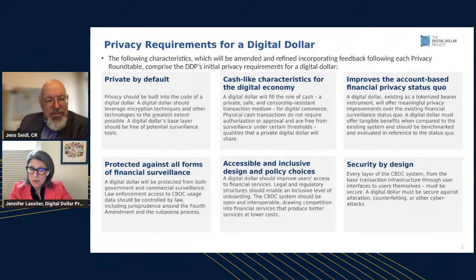It should be accessible, so it should improve Americans and global dollars use to access to financial services, and it should be transparent. So the system on which the CBDC runs itself should be operationally transparent so that a variety of parties, this is government, NGOs, right, business, academics, can independently assure themselves about its technical functioning.